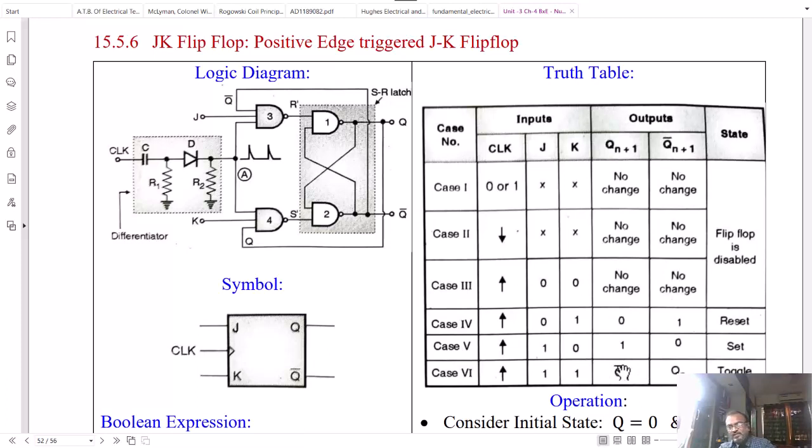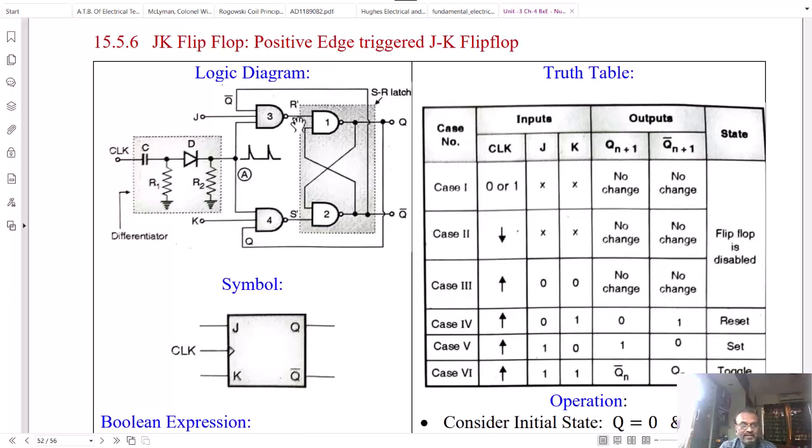If it was in logic 0 state, then the output becomes logic 1. So toggling takes place when both the inputs are 1. You can assume the condition of outputs. Consider Q equal to 1 and Q bar equal to 0, and both J and K are logic 1.